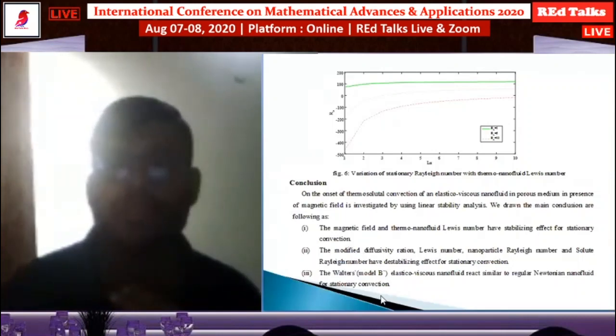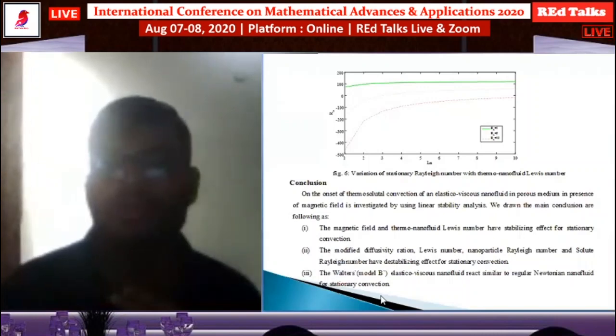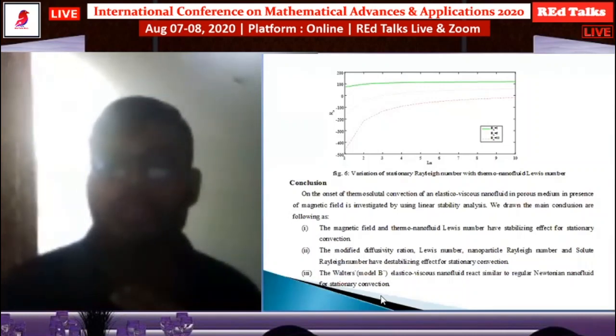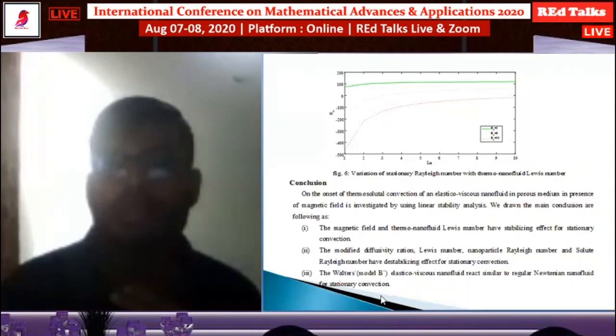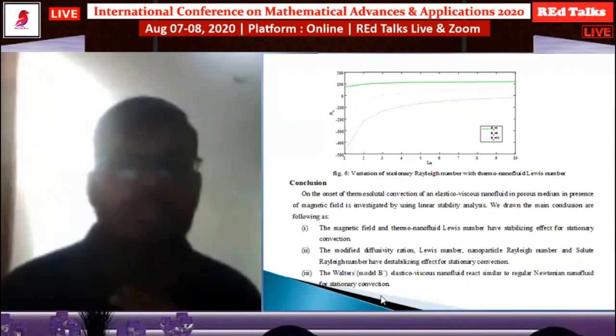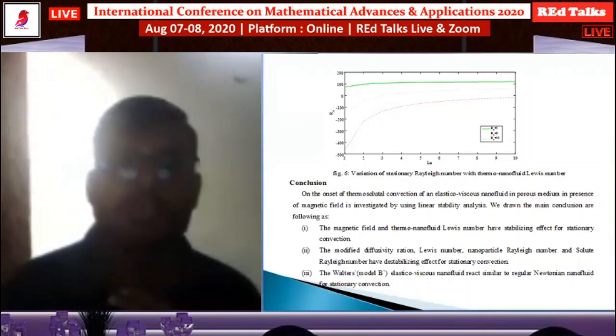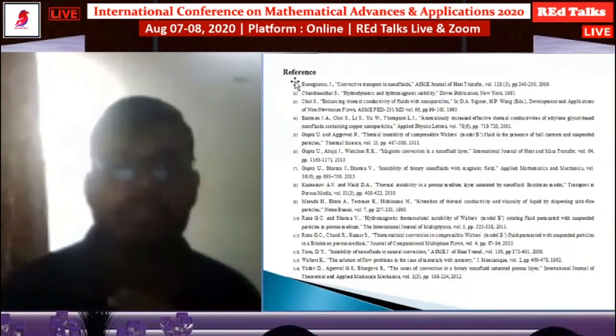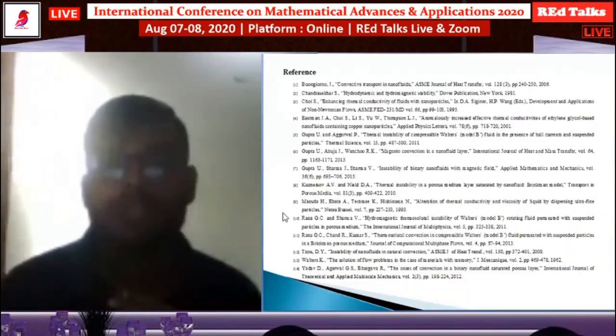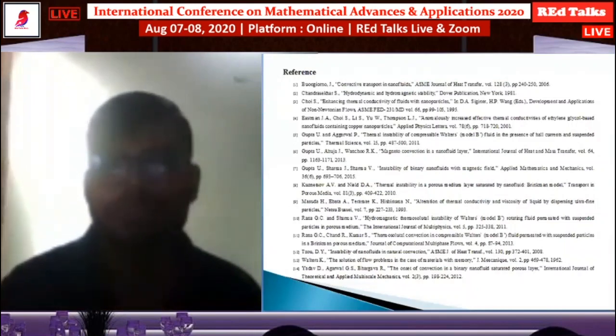Second, the modified diffusivity ratio, Lewis number, nanoparticle Rayleigh number and solutal Rayleigh number have a destabilizing effect for stationary convection. Third, the Walter model of elastico-viscous nanofluid reacts similarly to the regular nanofluid for stationary convection. Lastly, these are the 14 references, and thank you.